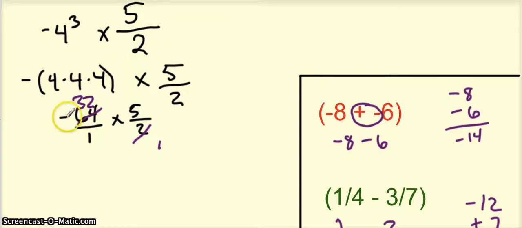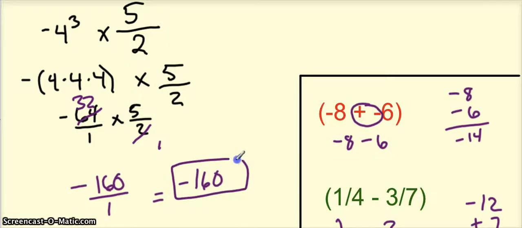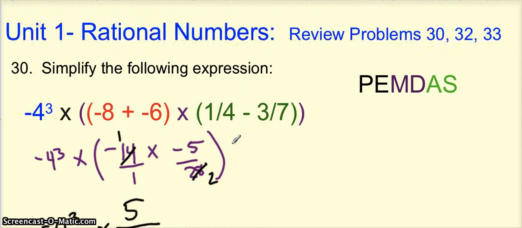So now we can multiply negative 32 times 5, which is 150 plus 10 more is 160, and 1 times 1 is 1, and negative 160 over 1 is just negative 160. So if I simplify this expression, all of this will be equal to negative 160.